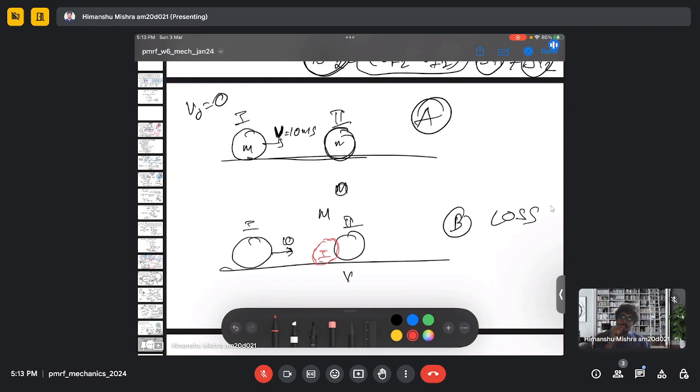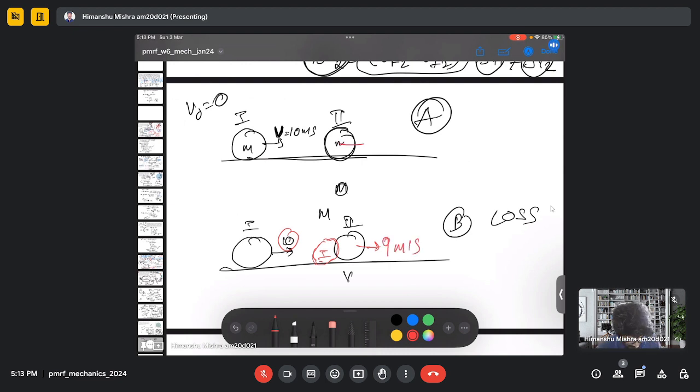And since there is a loss in the kinetic energy, this body will start moving with some lesser velocity. So what happens? This will strike body 2 with some less velocity. Let's say it strikes body 2 with a velocity of 9. So it started moving with 9 meter per second.